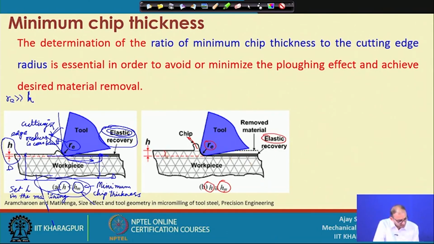See, your H is this much, but you are getting material removed only this much, and the remaining part will be consumed as elastic recovery. This is completely unacceptable. By chance you are getting a chip here, but it is not as required by our H, so some of the material will be recovered.